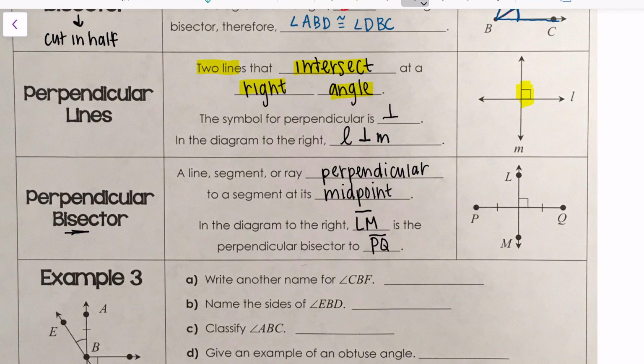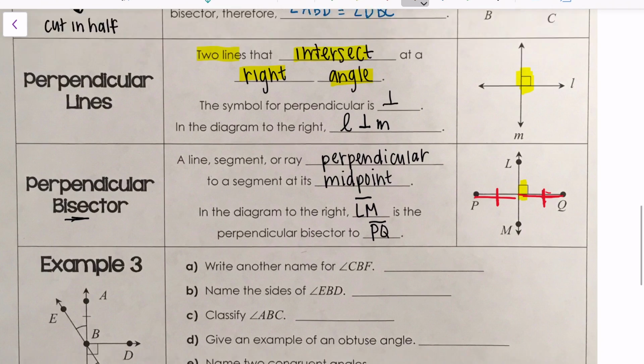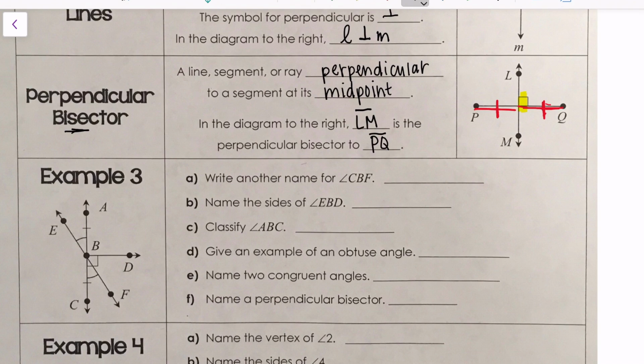So once again, LM is perpendicular to PQ, and we see that with the right angle symbol. Okay, so what this tells us, the perpendicular bisector, is that LM splits PQ in half at its midpoint. All right, so let's go ahead and work through example 3 independently.